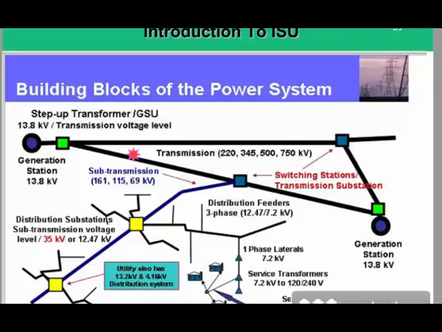This is the building block of the power system. I would request you to carefully look at this particular slide and try to understand each and every aspect of it.